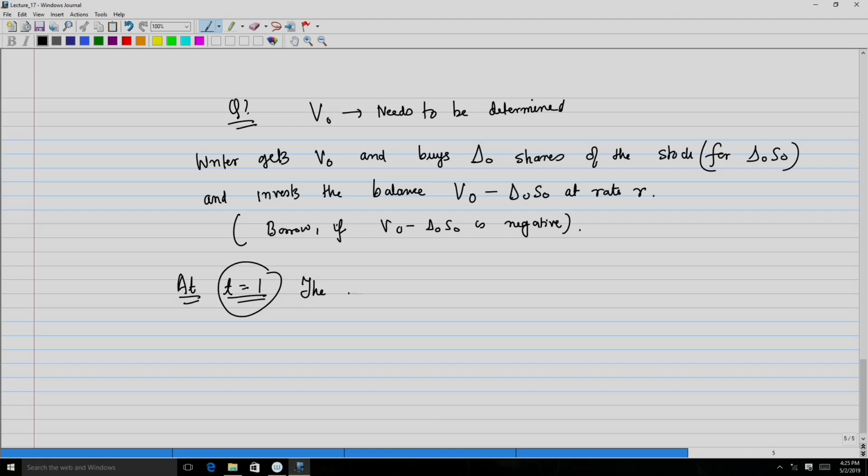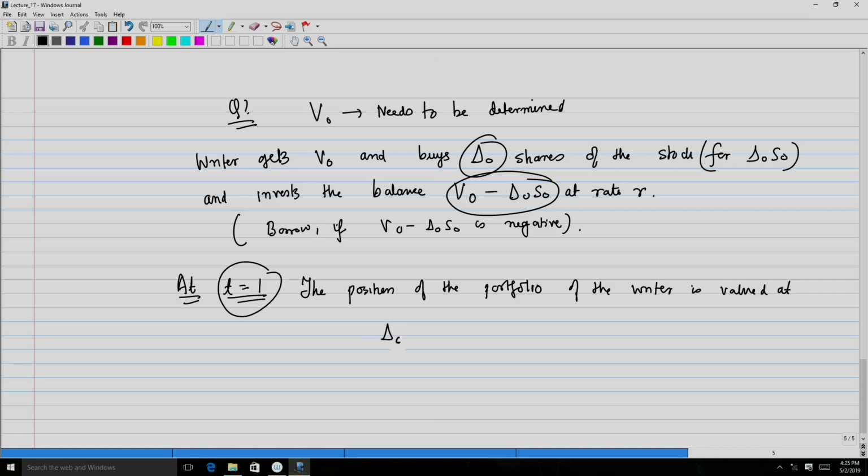So, at time t equal to 1, what was the portfolio? Delta naught shares and the remaining amount in a risk free account. So, the position of the portfolio of the writer is valued at, so you had delta naught shares which now have a value of S1.